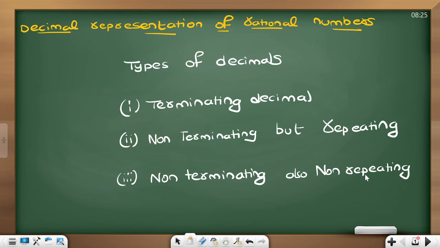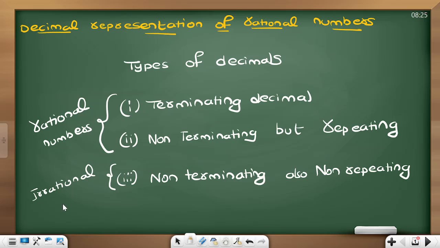These are the three types of decimals you can see in the whole number system. Now, these two types of decimals are called rational numbers, and this kind of decimal is called irrational number, which we will discuss after some time.